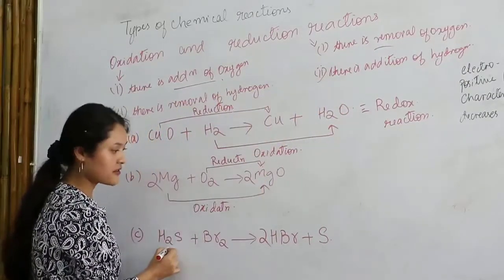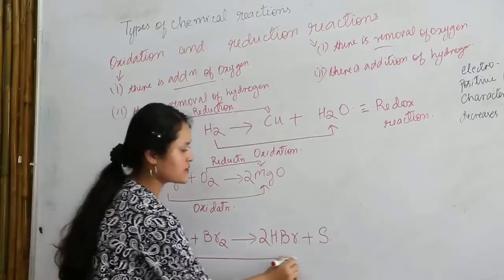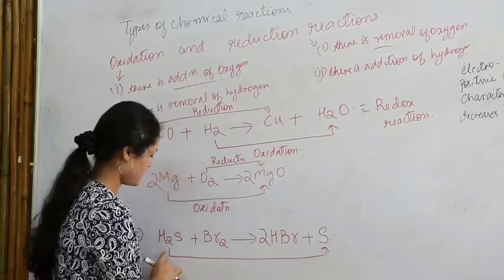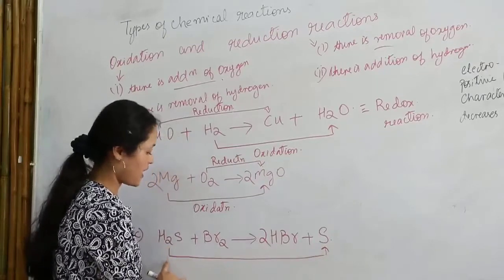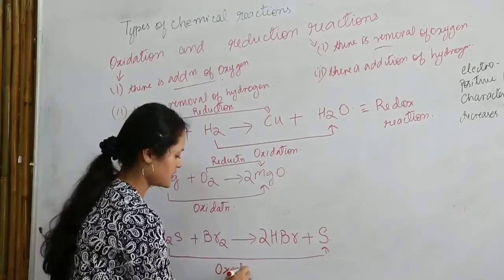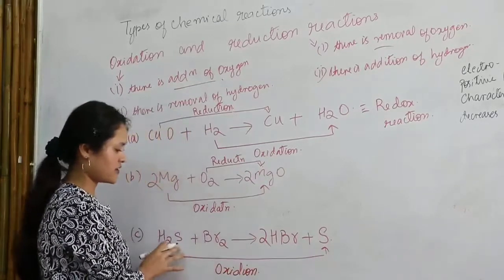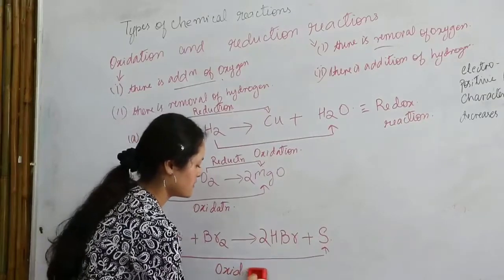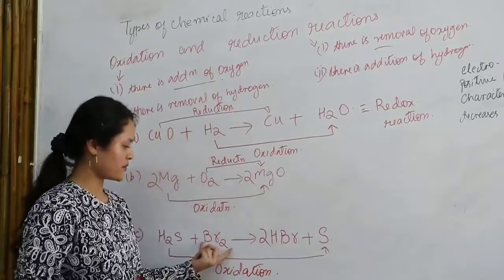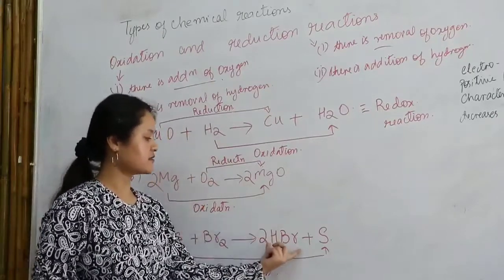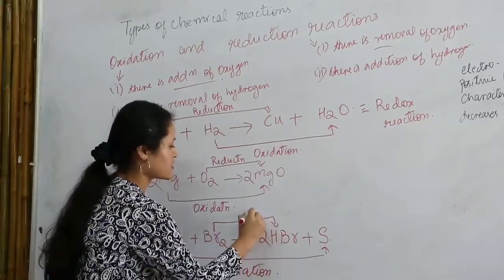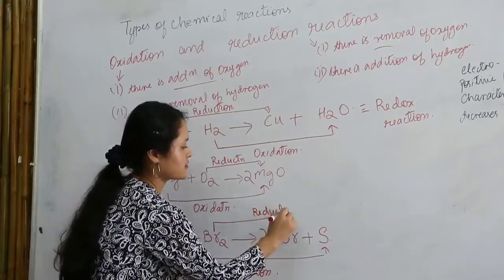Here hydrogen sulfide is being converted to sulfur, so hydrogen is being removed from hydrogen sulfide. Therefore, oxidation takes place, because hydrogen is being removed. And for bromine, bromine is being added with hydrogen here, so reduction takes place.